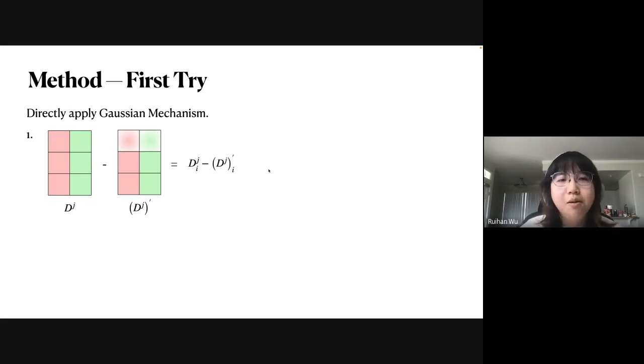Then we'll see how to apply the Gaussian mechanism in this data release task. The difference between them is the difference between the two data points by the neighboring definition.